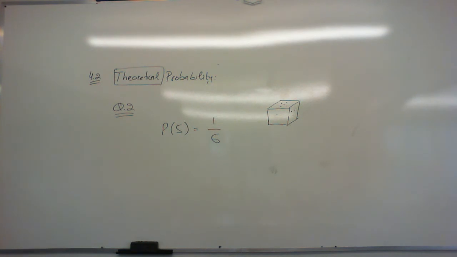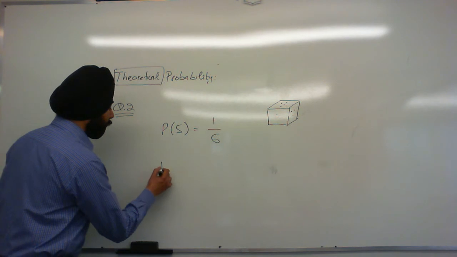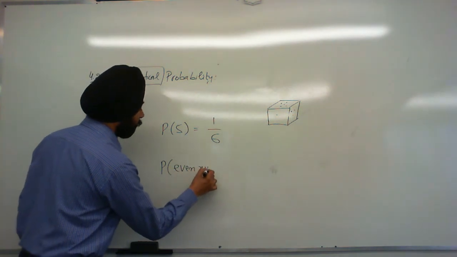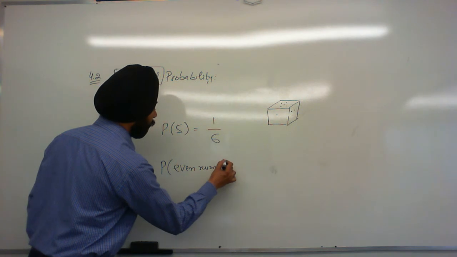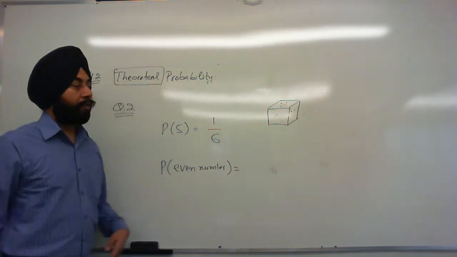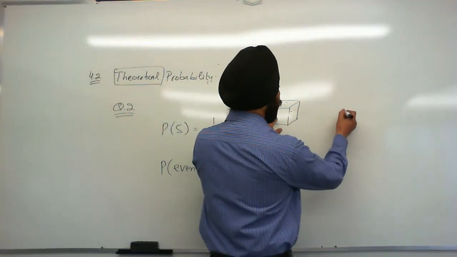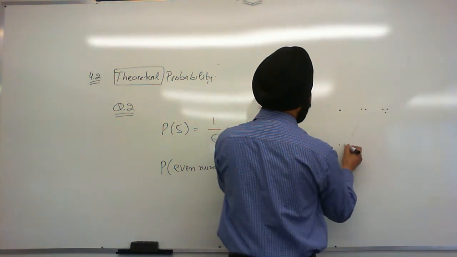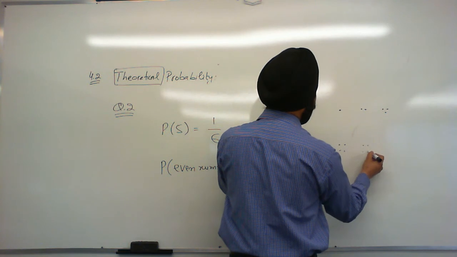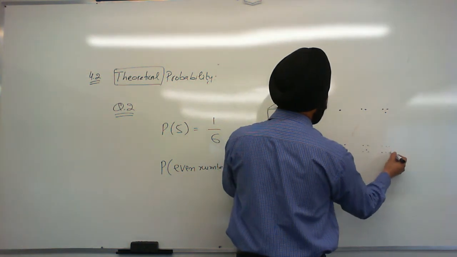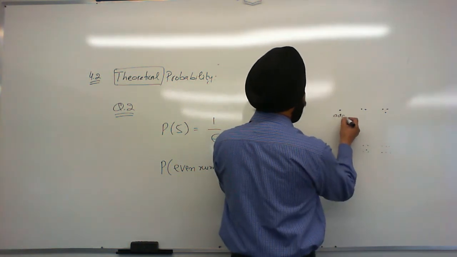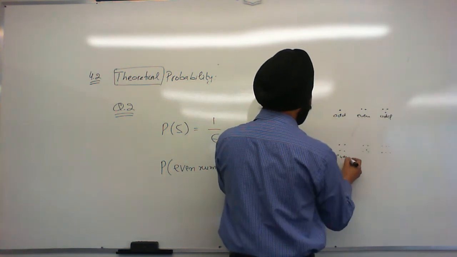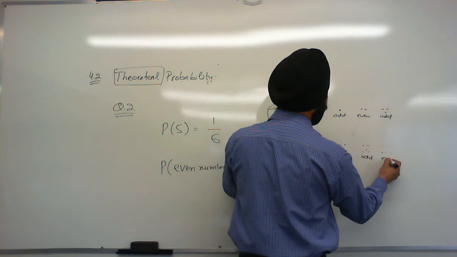What's the probability that it will land with an even number at the top? There is a 1 dot, then 2 dots, then 3 dots, 4 dots, 5 dots, and 6 dots. You know that this is odd, this is even, this is odd, this is even, this is odd, this is even.